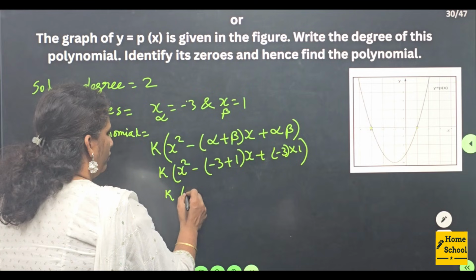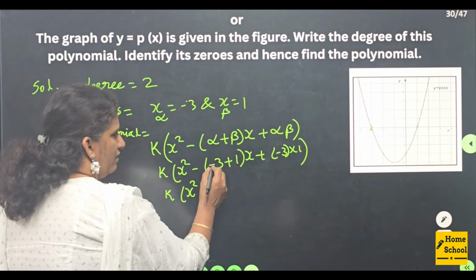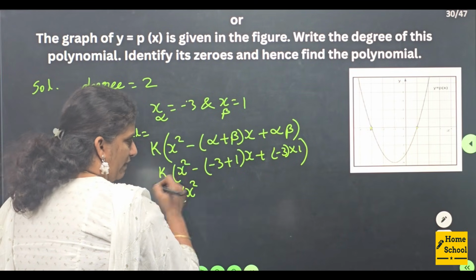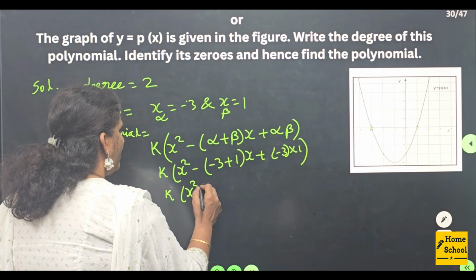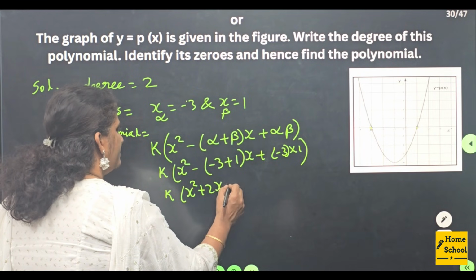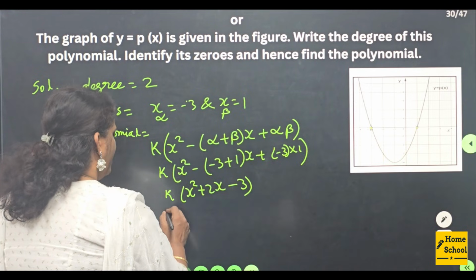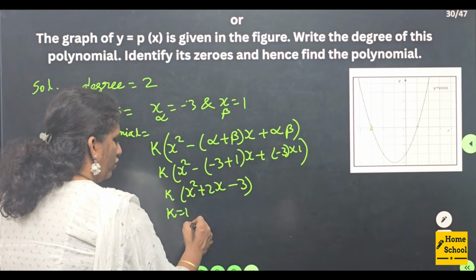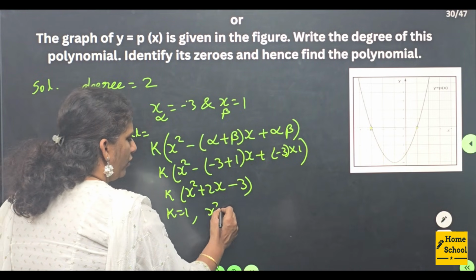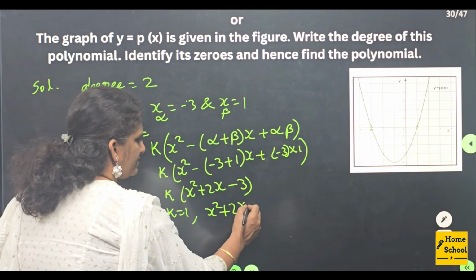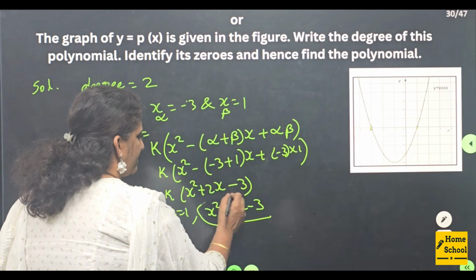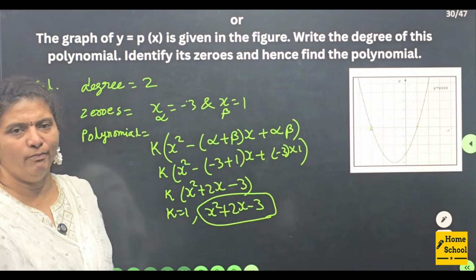K into x square minus (minus 3 plus 1 is minus 2), minus into minus plus 2x minus 3. If k is equal to 1, then the required polynomial is x square plus 2x minus 3.